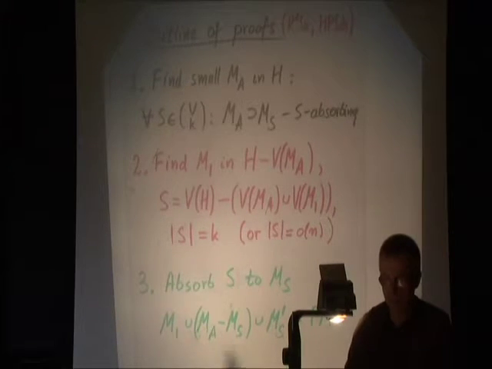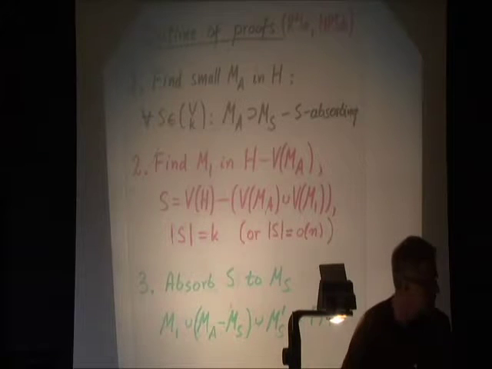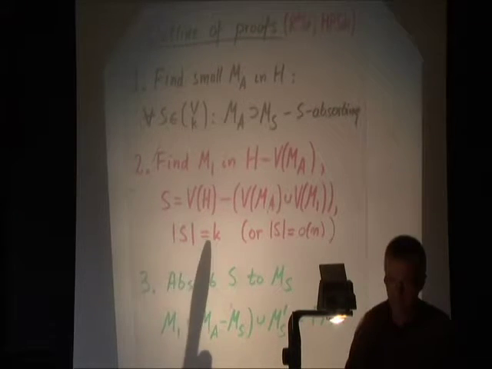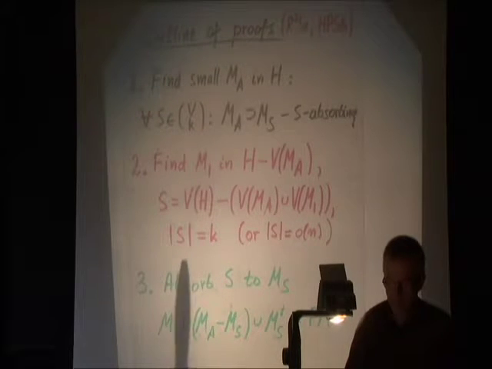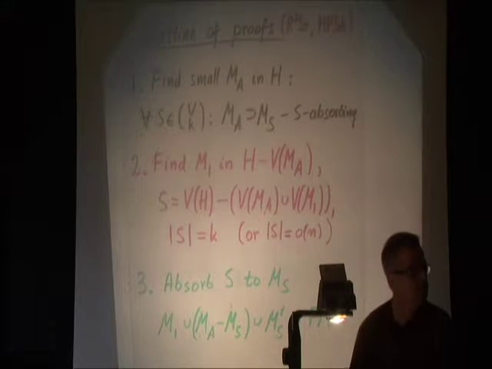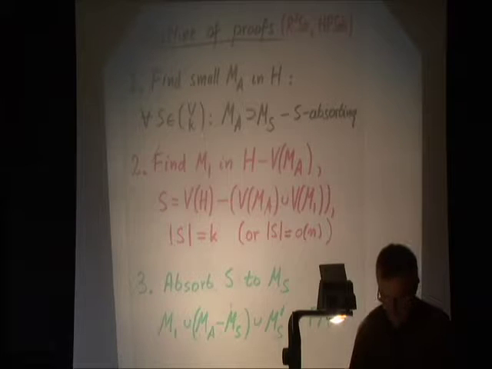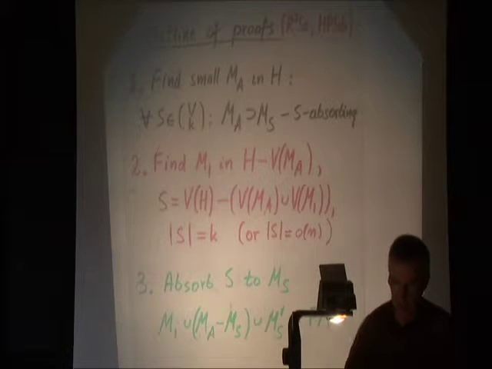Now large means almost perfect, leaving just k vertices, but in some more recent proofs it would be even more than that, and then you would do this absorption repeatedly in many rounds. But suppose we just leave k vertices out, so then we absorb them and we get the perfect matching. So that's the main idea of all these proofs.